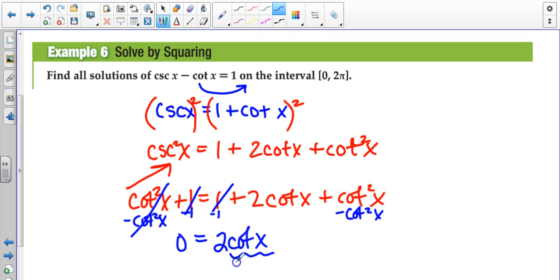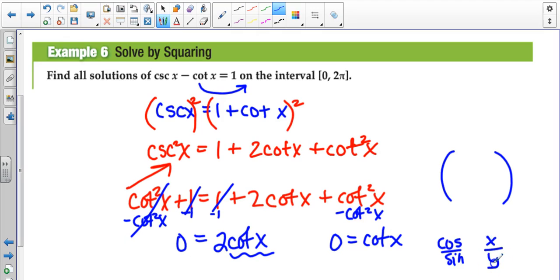The cotangent is 0? We divide both sides by 2 if that'll make you feel better, but I'm looking for where the cotangent is 0. All right, we don't look around our unit circle for cotangents very often, but cotangent is defined as cosine over sine, which means we're looking for an x value over a y value.